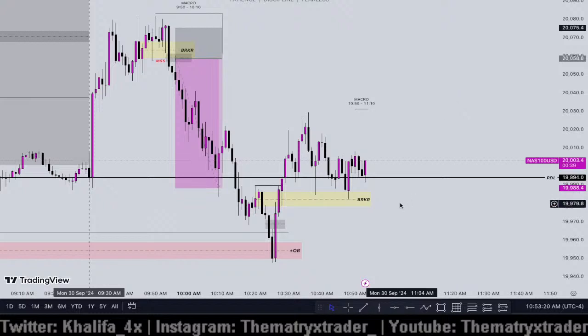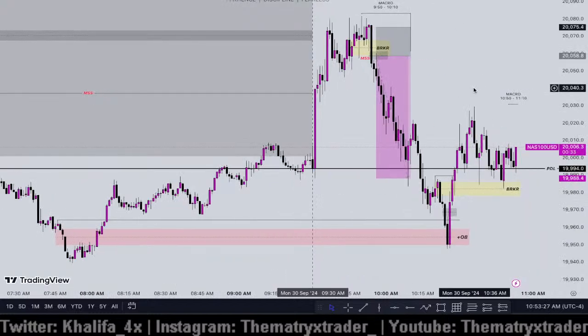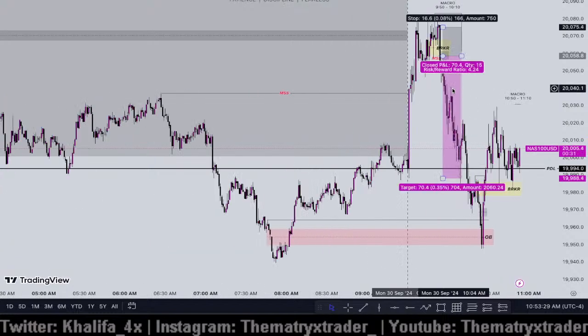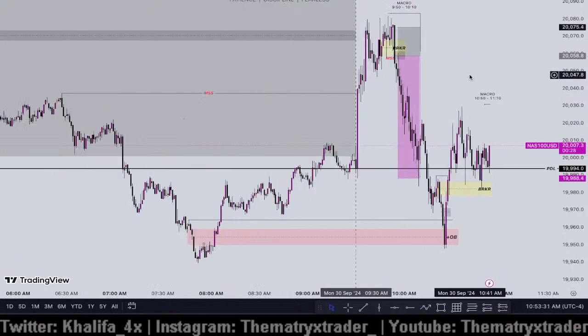I'm still sticking to this bias because this seems to me a valid breaker on the behalf of this market structure shift.